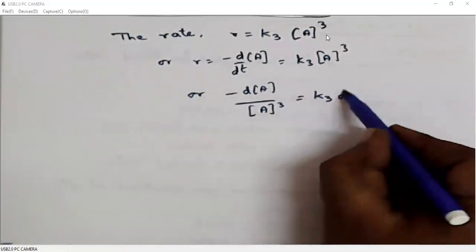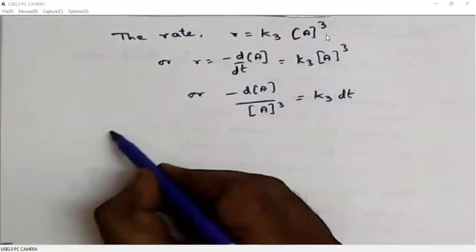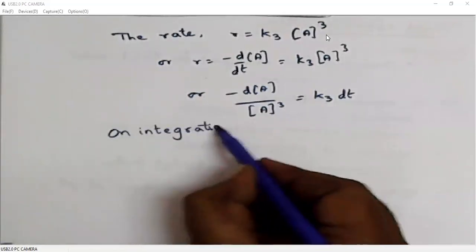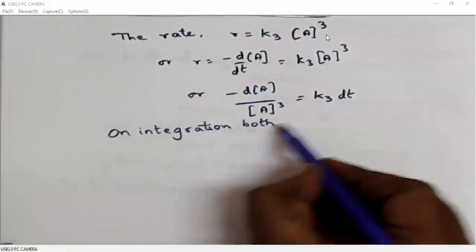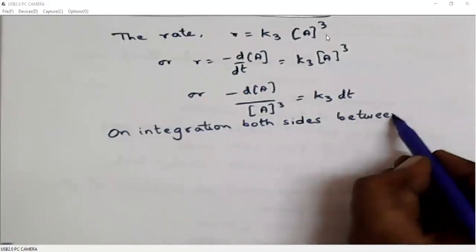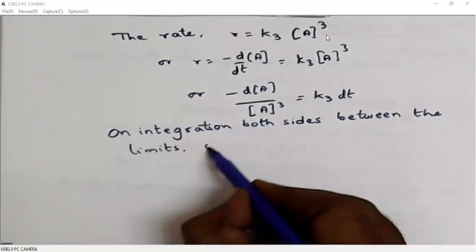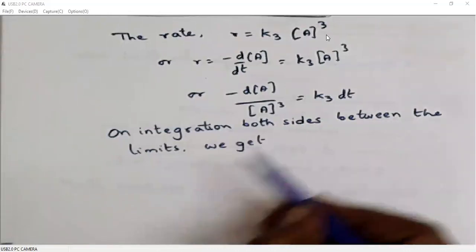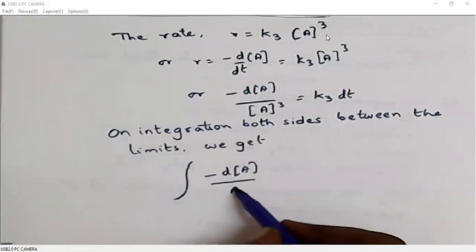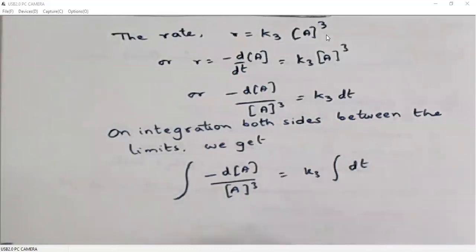K3 into, when we bring this dt this side, it becomes multiple. Now on integration both sides, between the limits, what we get is integral minus dA by A power 3 is equal to K3 into integral dt. What are the limits?